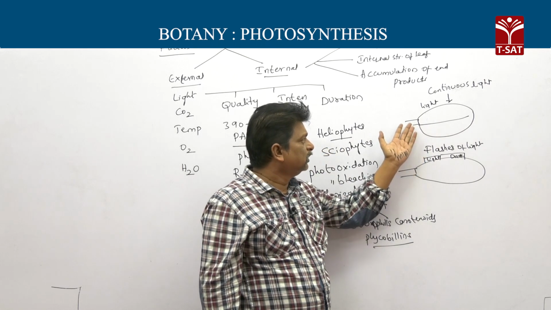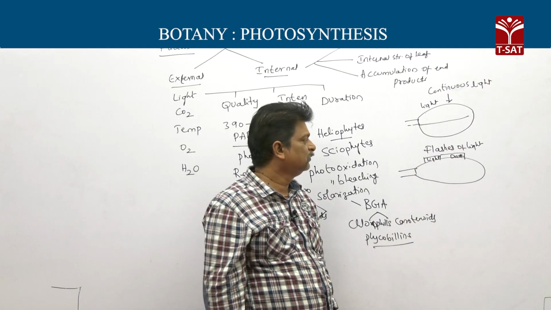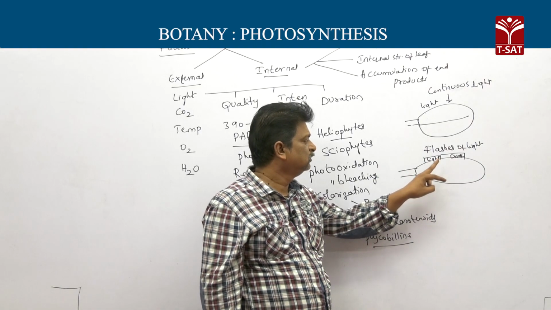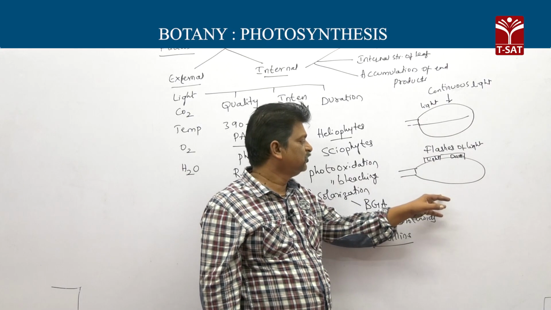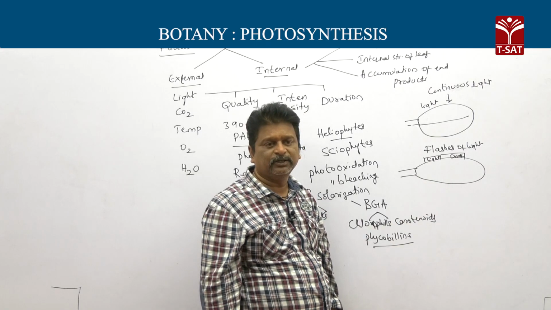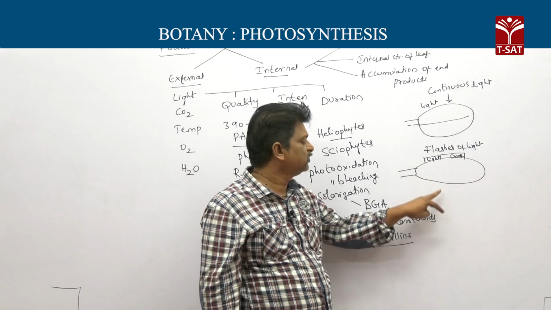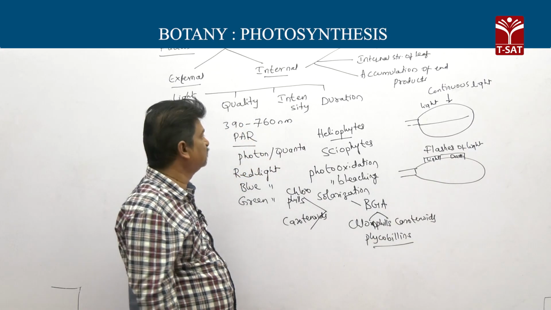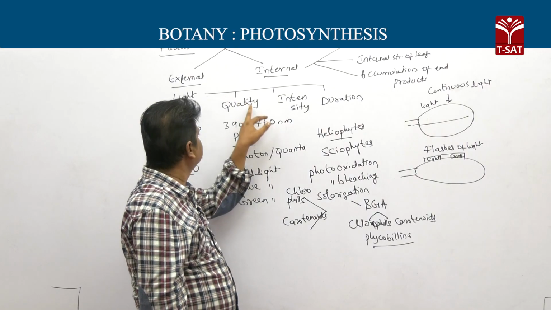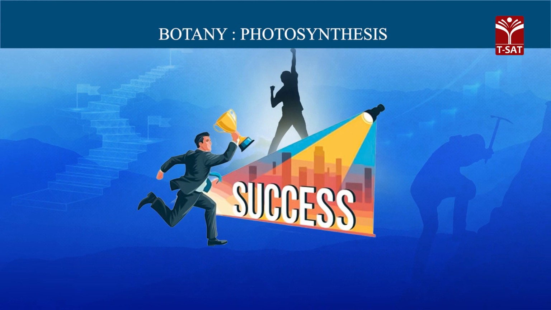So, in continuous light, the photosynthetic rate is decreased. In flashes of light, in that gap, the food materials are translocated to storage organs, so there is no feedback inhibition. That is why, compared to continuous light, more photosynthesis takes place in flashes of light. So, that is about quality, intensity, and duration.